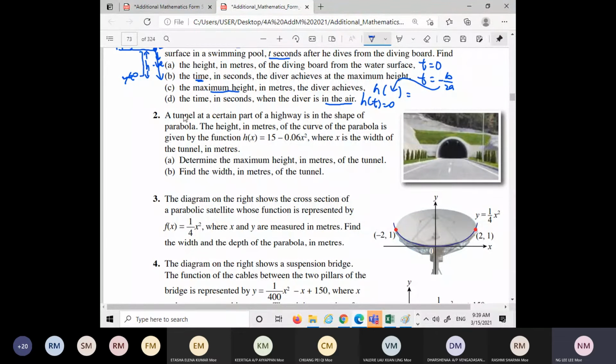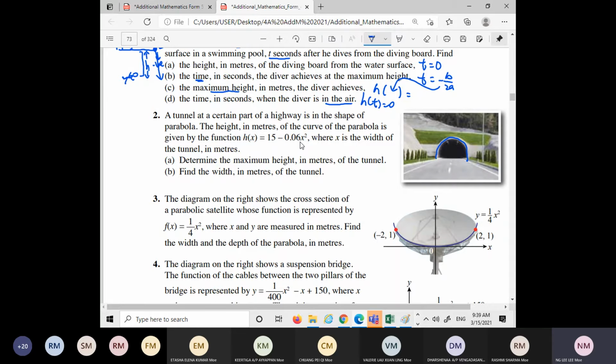Number 2, a tunnel at a certain part of a highway is in the shape of a parabola. Okay, this is a tunnel, parabola shape. The height in meters of the curve of the parabola is given by this function.